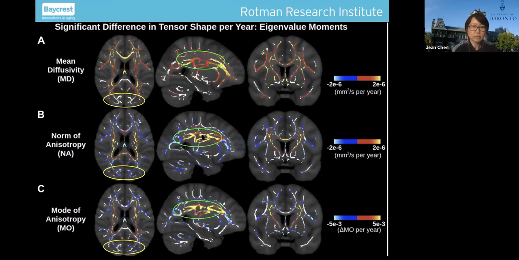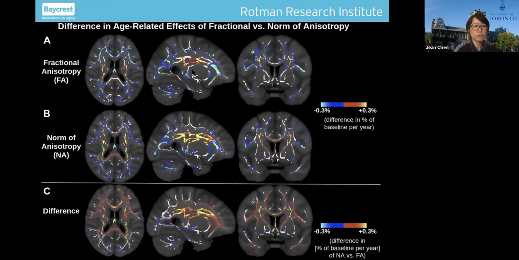But going back to this crossing region, if we were to subtract the effect size of age based on FA and based on NA, we find that NA does give us higher effect sizes. So in this very same region, and also extending to parts of the anterior white matter, we actually see NA gives us a stronger age effect.